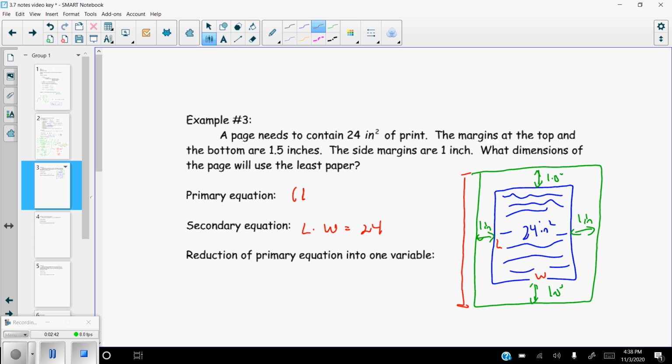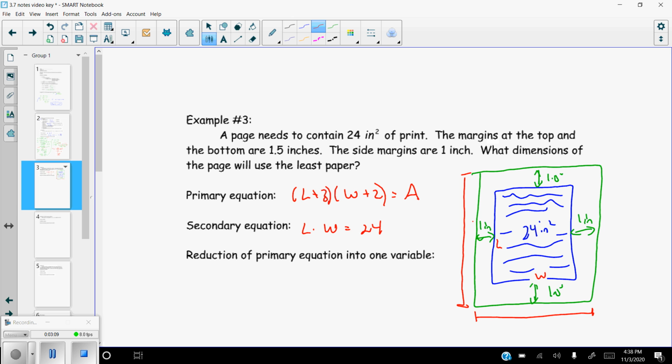So I know I'm going to have the length plus 3. That's going to give me the whole length of the green page. Then the width, it's going to go that direction, which is going to be the width of the blue part plus another 2 inches, one from either side of the margin. So we're going to have the width plus 2, and that's going to equal the area of the entire piece of paper.